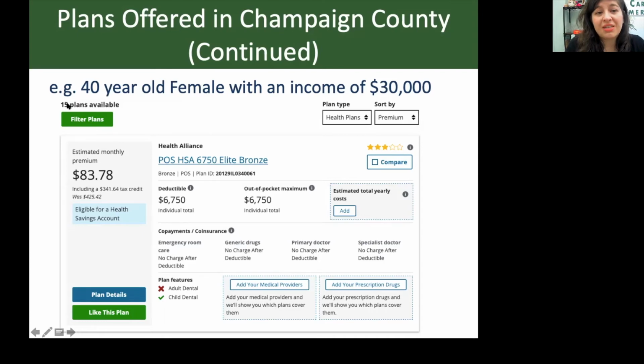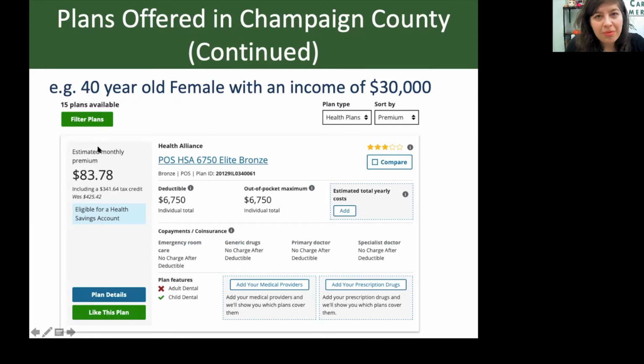You can enter specific information like income, age, gender, to see exactly what options are available to you. So in our example here, we're going to be comparing a bronze plan and a silver plan for a 40-year-old female with an income of $30,000.